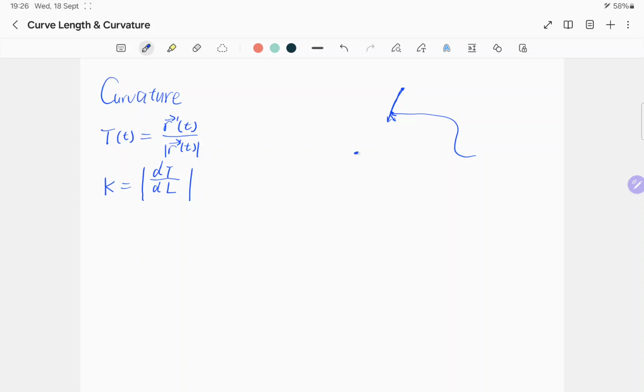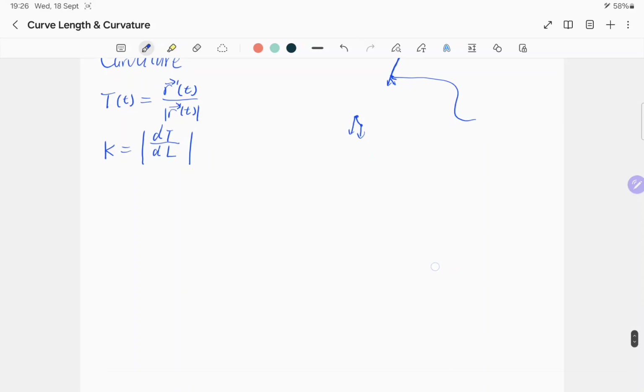If I move on a little bit, how does our unit vector change? That is the curvature. And let's derive it a little bit. If we put a small dt here in both the numerator and denominator, we get dT over dt, which is actually T prime of t.